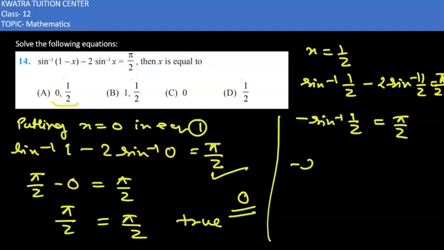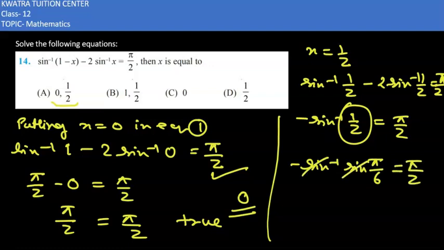And sine inverse of 1 by 2 will be as sine 60 degree, that is pi by 6. So we will get minus pi by 6, which is equal to pi by 2. These are not equal to each other. Therefore 0 is a root, but 1 by 2 is not a root.